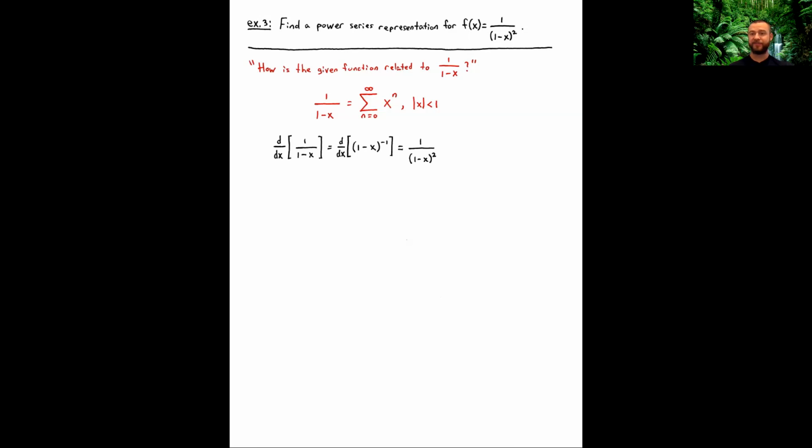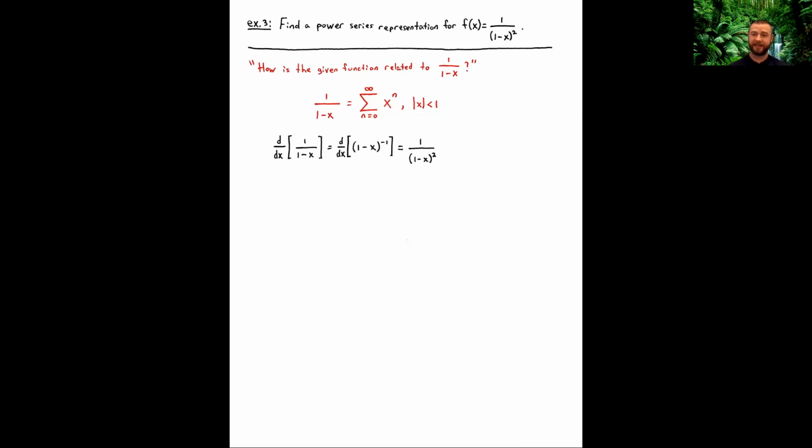We're rewriting that negative second power as a factor of 2 in the denominator. All right, so the connection here from our starting place of the geometric series result is that it is the derivative of 1 over 1 minus x that gives us our function 1 divided by 1 minus x squared.